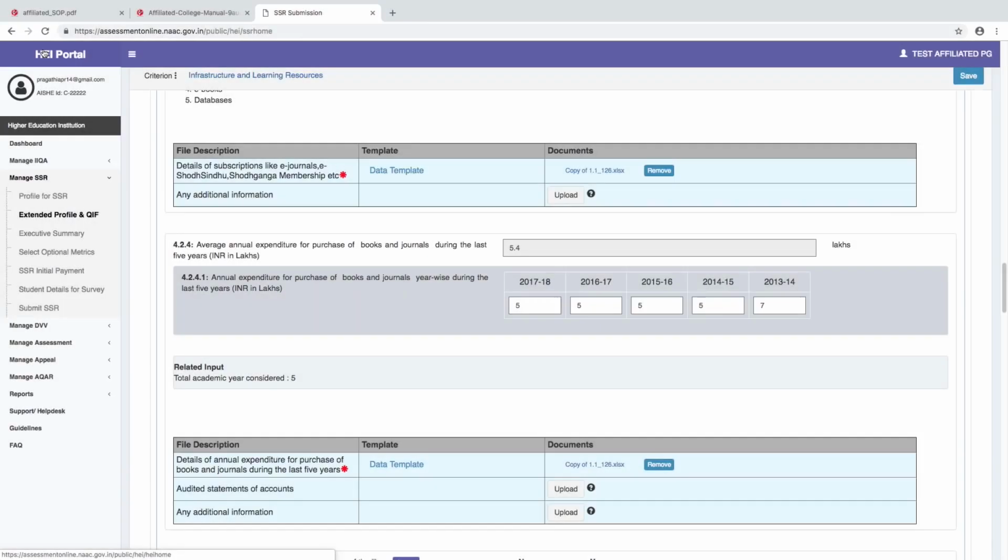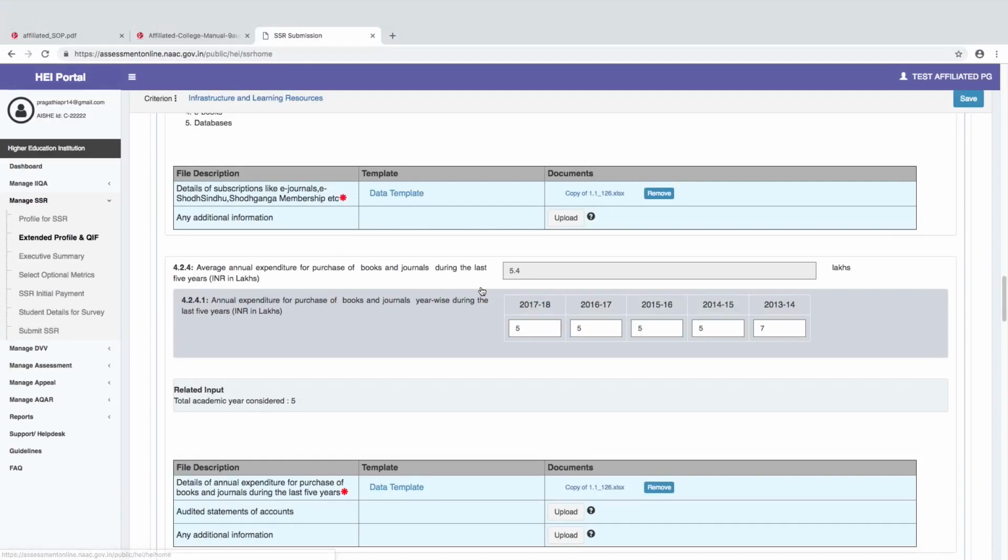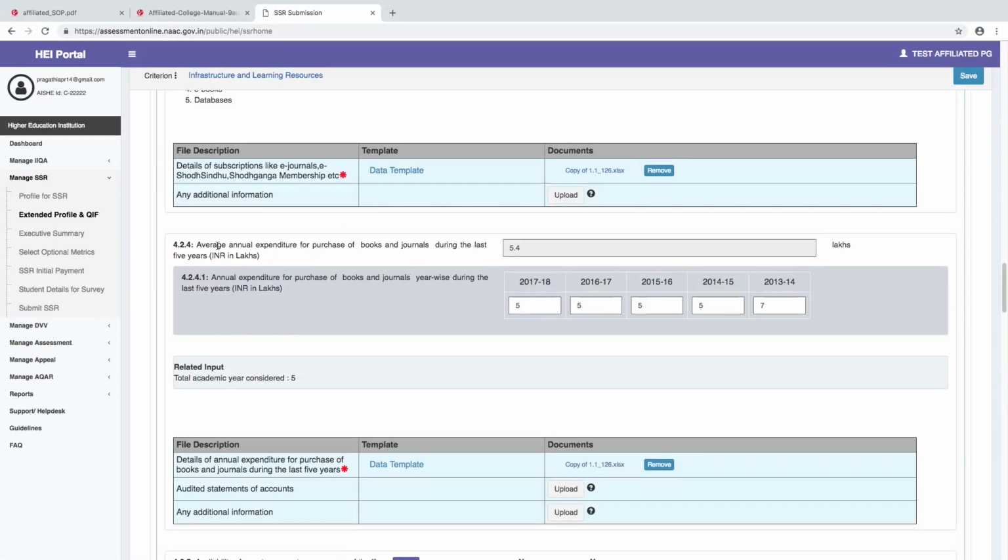For finance-related metrics like 4.2.4, which talks about annual expenditure for purchase of books and journals during the last 5 years, these values are specifically sought in lakhs.